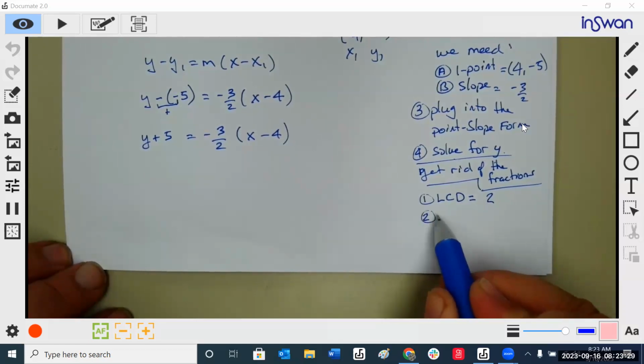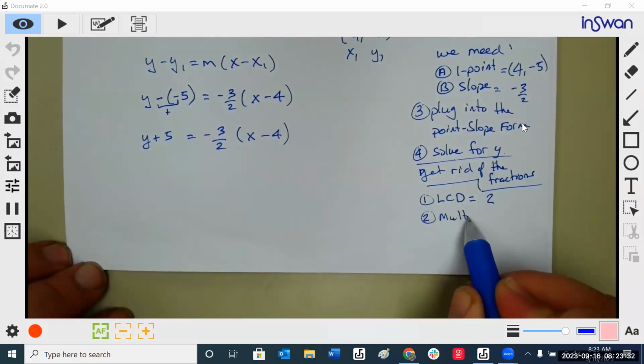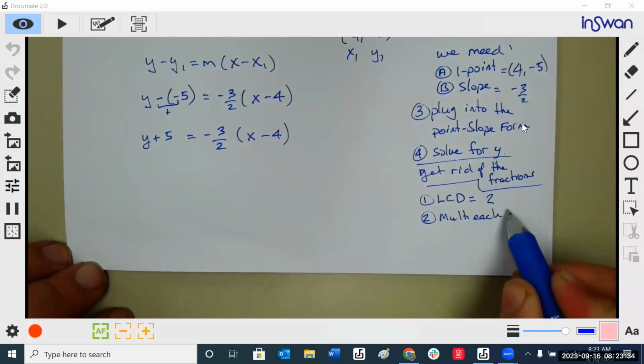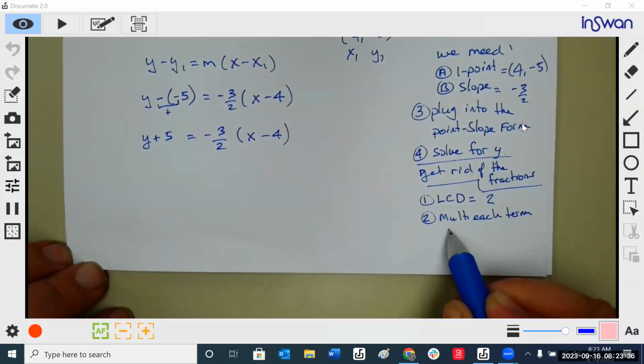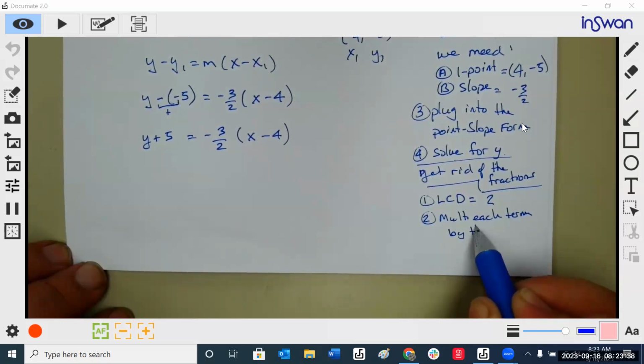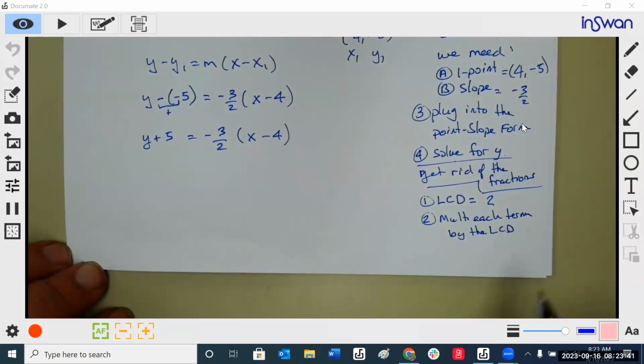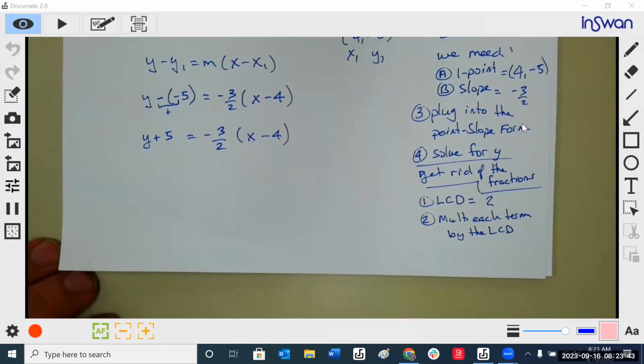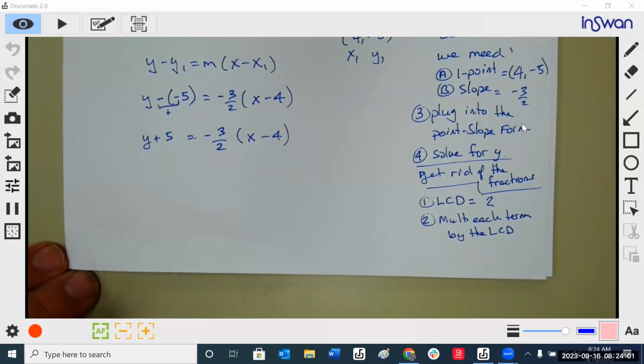So what we do with that is multiply each term by the LCD. How many terms do we have in this equation? What is a term? No. I see why you're going to say 4, but no. It's actually 3.